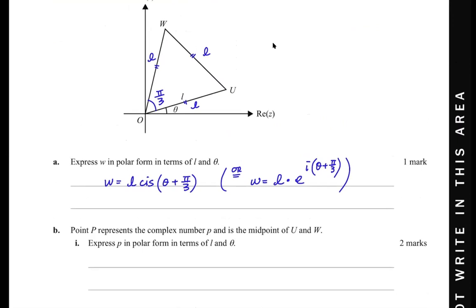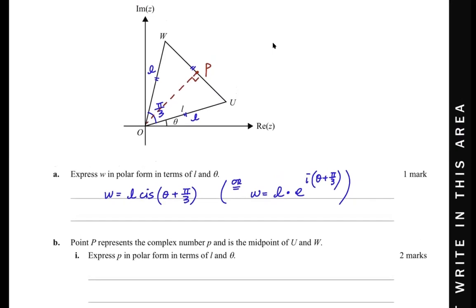Where is point P? Let me get rid of this notation. Delete. Midpoint between u and w, so it's roughly here. This is P, and it's along the angle bisector between OW and OU.